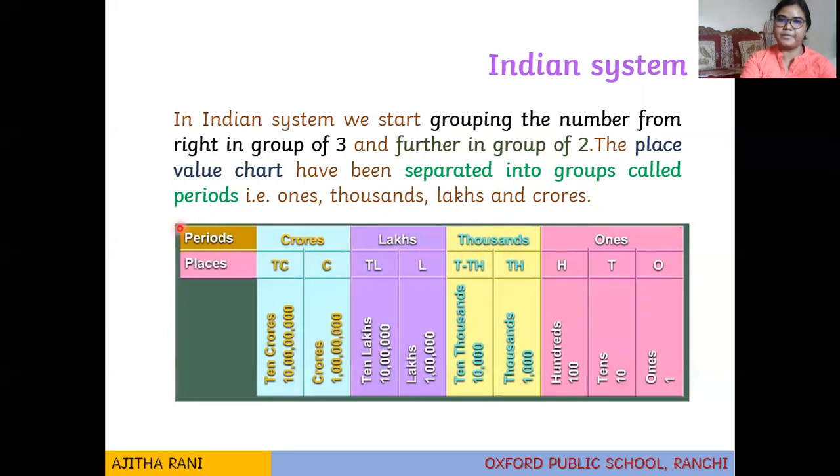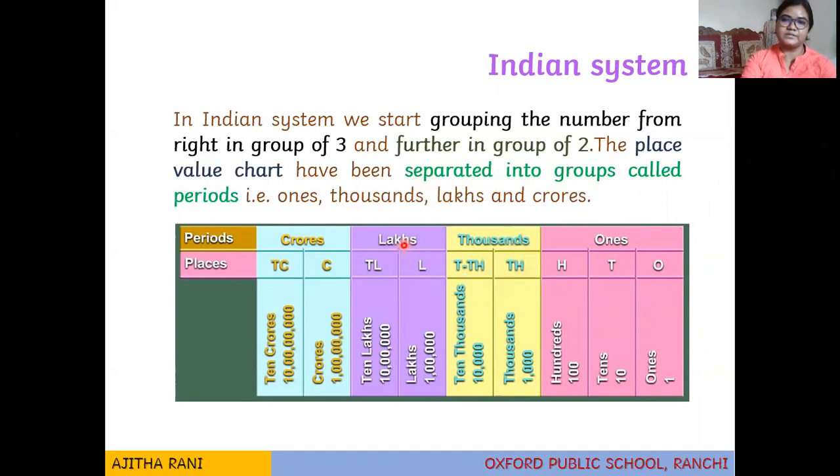These all are periods. Now the places: the first period, which is ones, has 3 places, and those 3 places are ones, tens, and hundreds. The next period towards the left is thousands, and the 2 places are 10,000s and 1,000s.